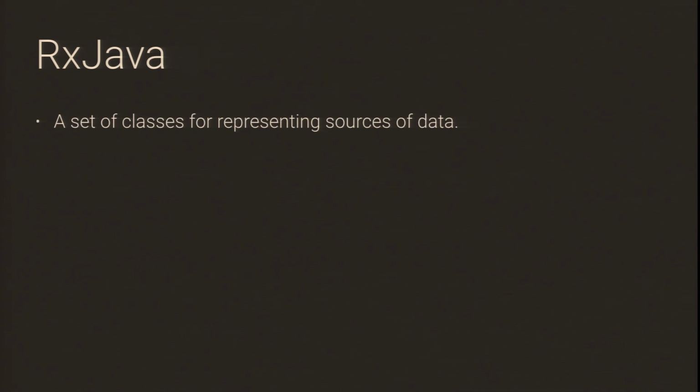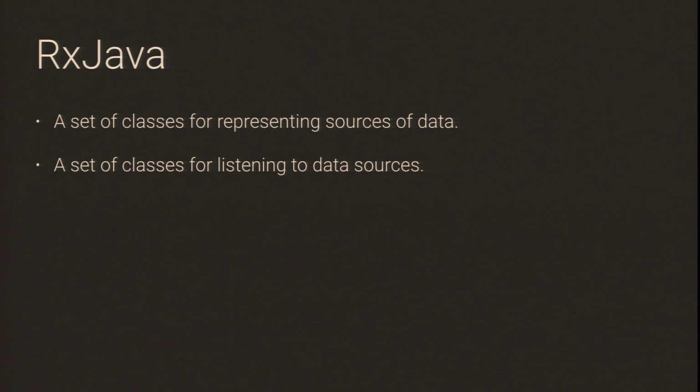So you have a set of types which represent sources of data, places that data can be obtained. And this is going to be things like the network, the database, the file system, et cetera. And then you have types which are for listening to that data. What use is a source of data if you cannot in some way listen to it and see the new values that are being emitted from it?